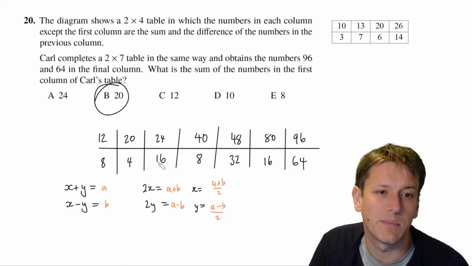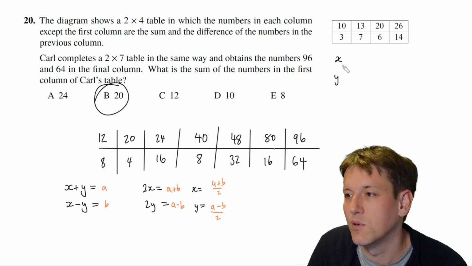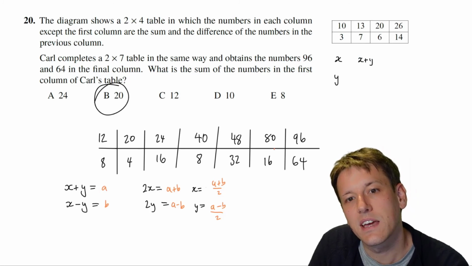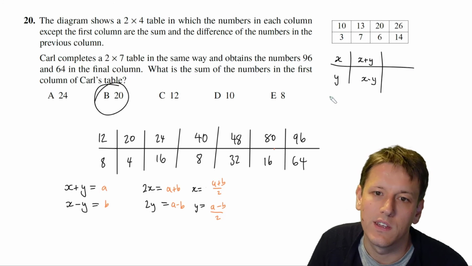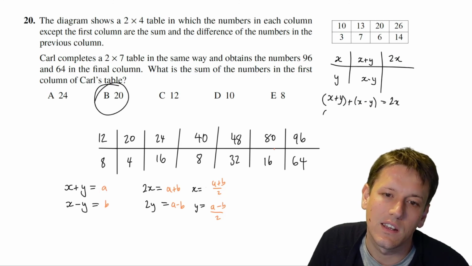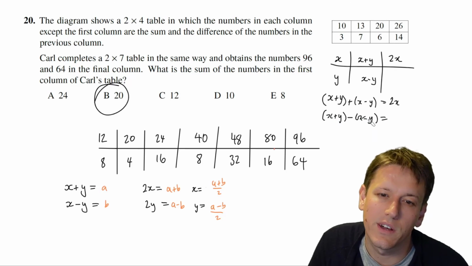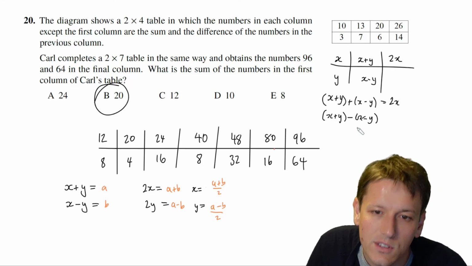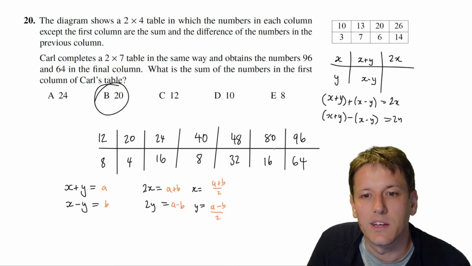If you want to be confident about this doubling thing as well, just start with two numbers x and y at the start of the table, add them together to get x plus y and x minus y. Now for the next column, if I add together x plus y and x minus y, I get 2x, and if I subtract them, the x's cancel out and the y's combine to give 2y.